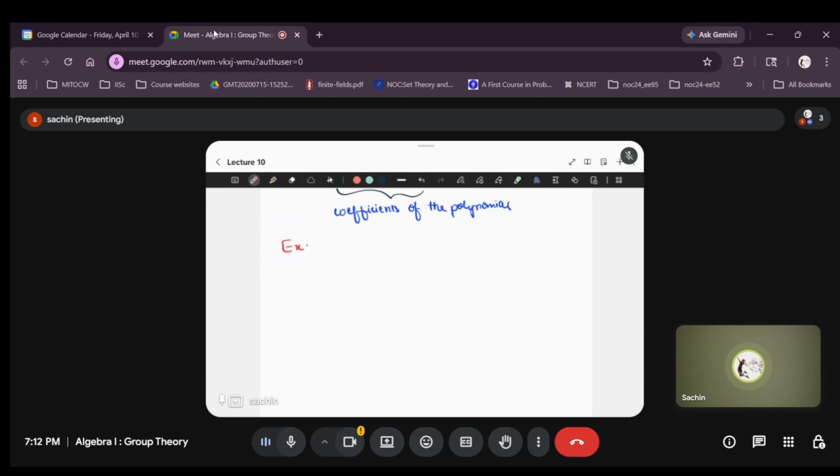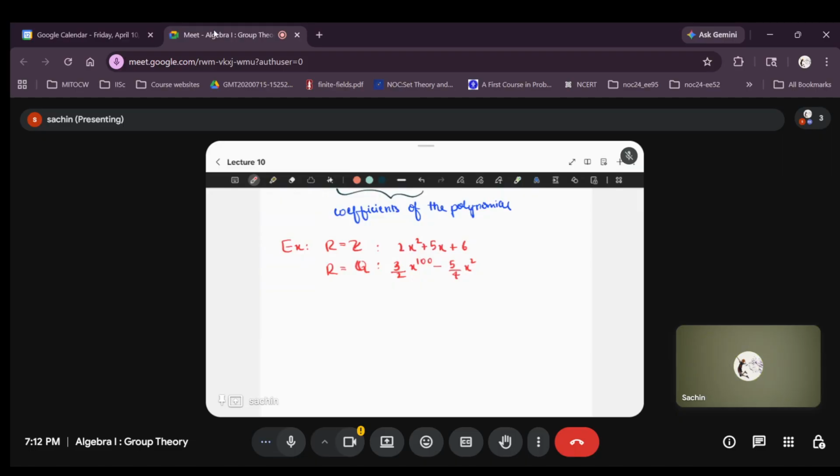For example, if the ring is the set of integers, then 2x squared plus 5x plus 6 is a polynomial with coefficients from Z. If R is the rational numbers, then we could have 3 by 2 x power 100 minus 5 over 4 x squared.